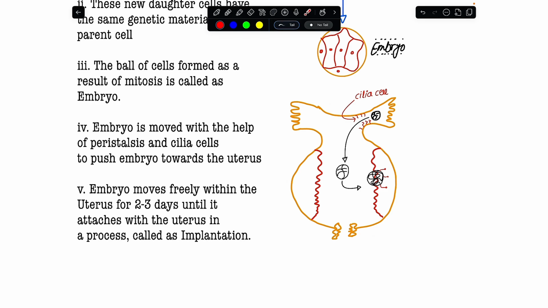Why do we need this? We want it to further grow in size, and we want it to become more complex so that it can develop complex structures like the systems of the body. So we need to bring about the implantation.